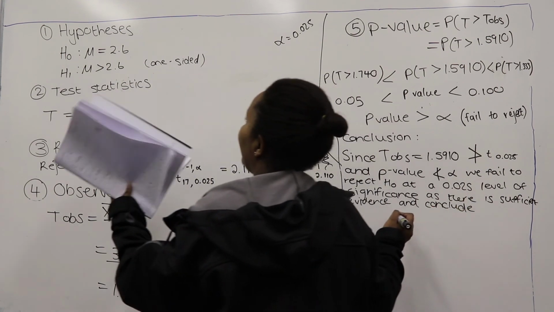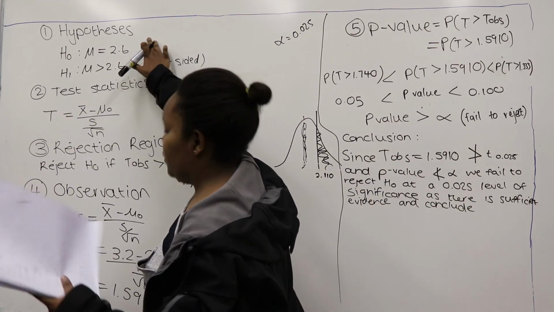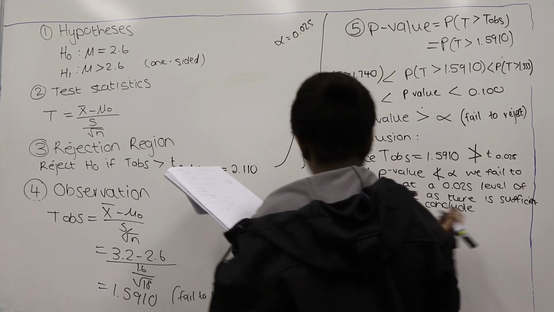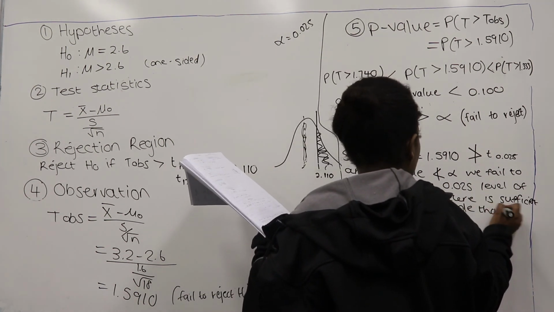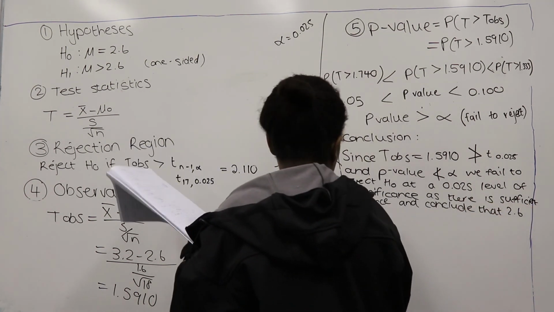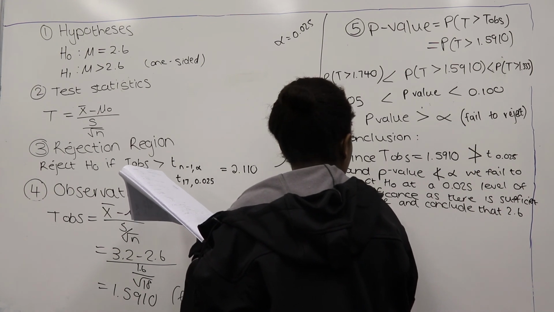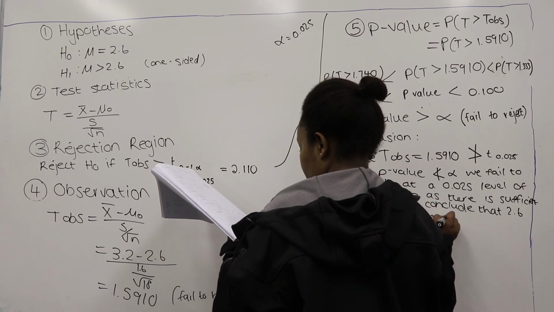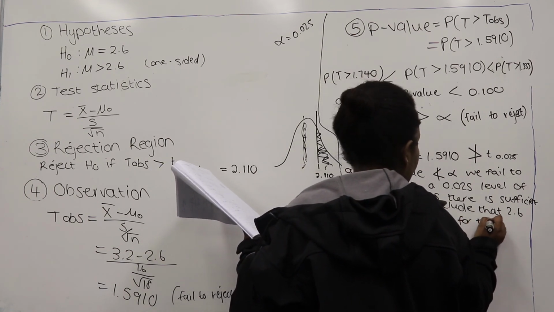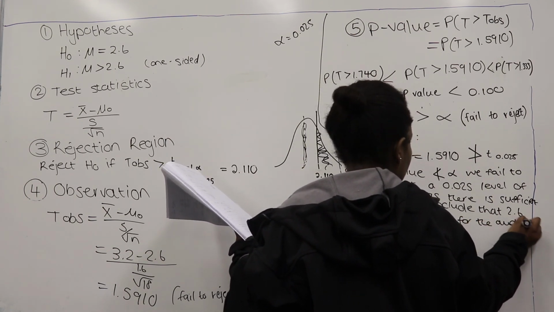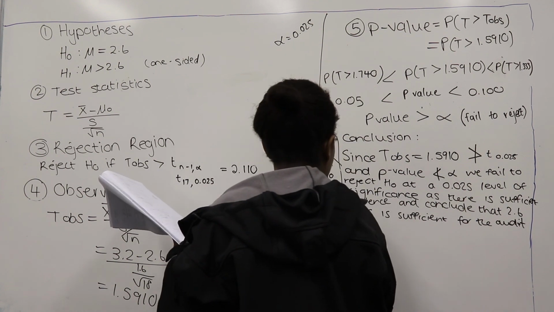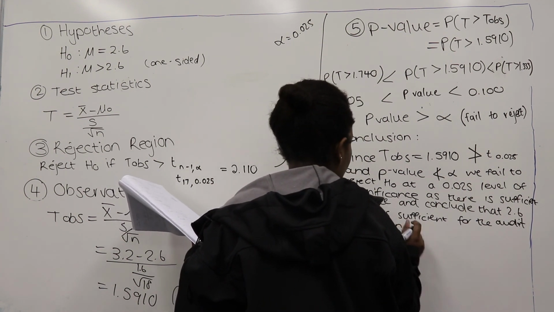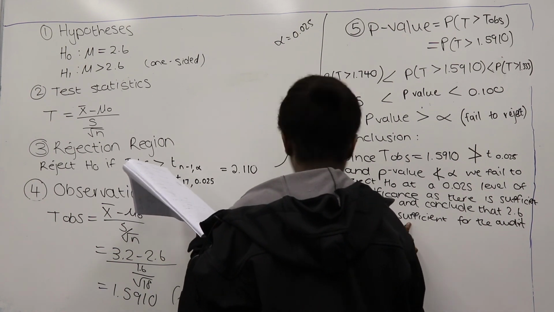Now we go back to what our H naught actually meant. So basically we conclude that 2.6 hours is sufficient for the audit operations. So we don't need basically more than 2.6 hours for the audit operation.